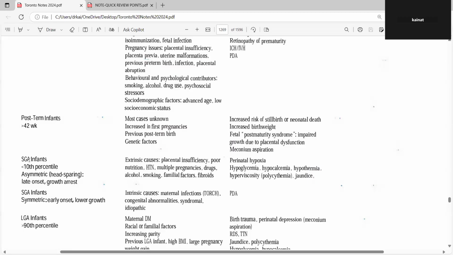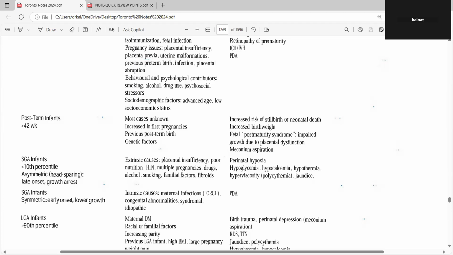SGA, small for gestational age, means less than the 10th percentile. In this one, the important thing is symmetry and asymmetry. Asymmetry is head sparing and late onset growth arrest. I think if it's asymmetric, they do survive, but if it's symmetric, then in those cases they don't survive.